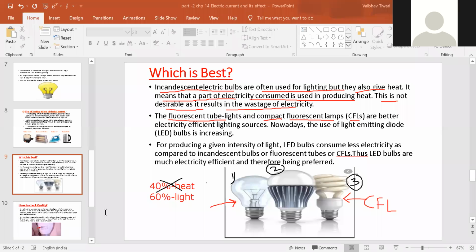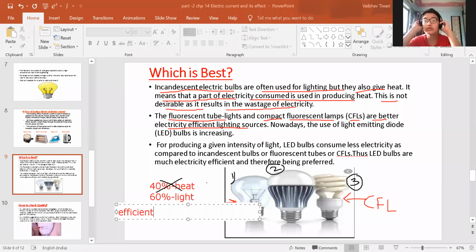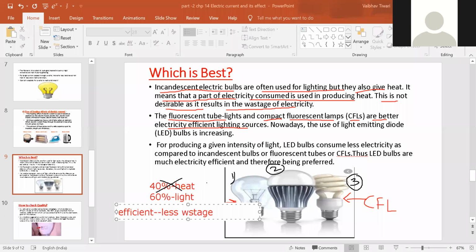There is a word efficient, and what does this word mean? Efficient means less wastage.